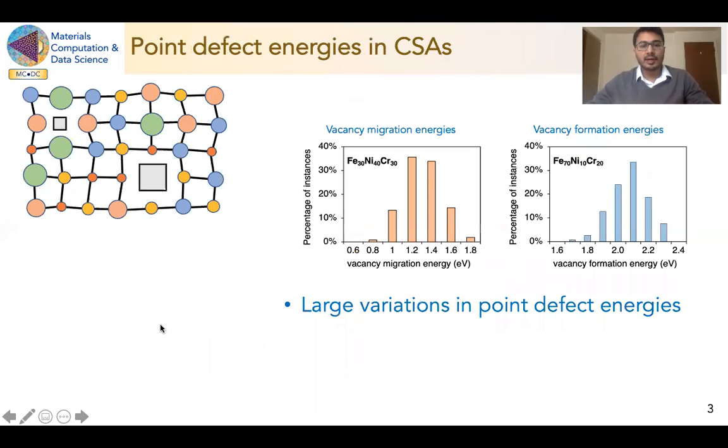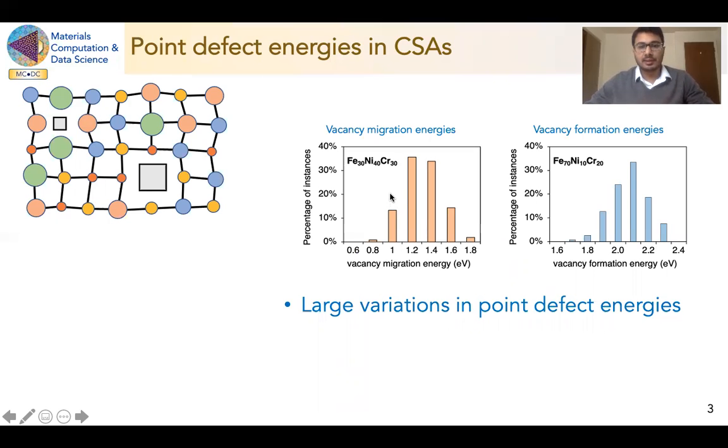Now, due to random arrangement of elements, the local chemical environment around every lattice site and point defect is different. As you can see in this cartoonic figure, both these vacancies have different nearest neighbors and different lattice distortion, which leads to wide distribution in the defect energies. As an example, I am showing the vacancy migration energies and vacancy formation energies in two iron nickel chromium based alloys.